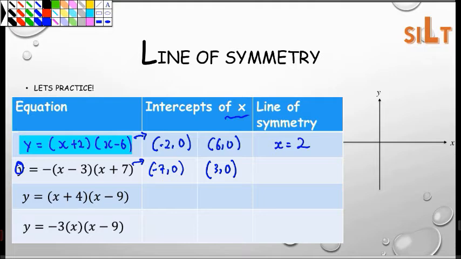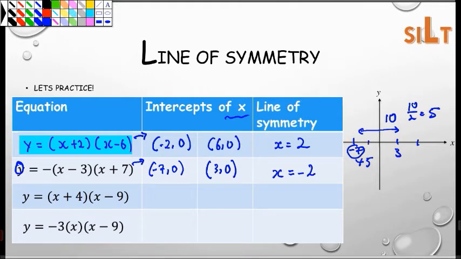Now we use the first idea of the midpoint. So I have -7, I have 3, so the whole distance is 10. So when I take 10 divided by 2, I know this is 5, and I need to take -7 plus 5. So I know that the answer is -2.